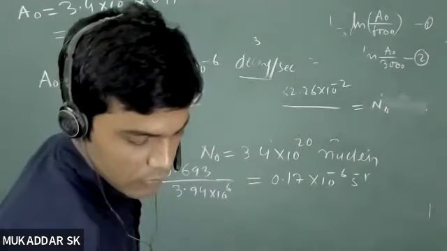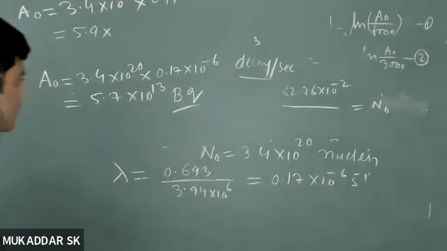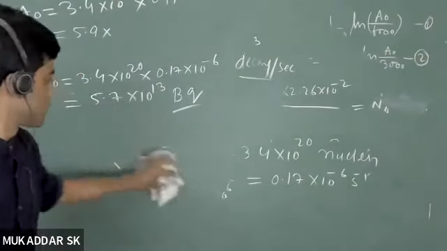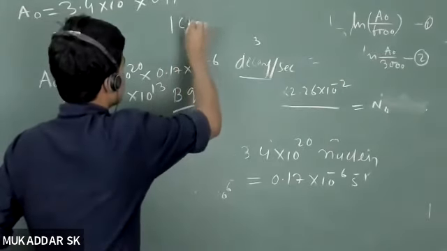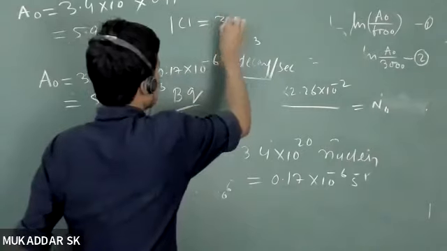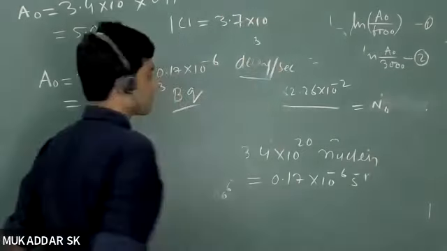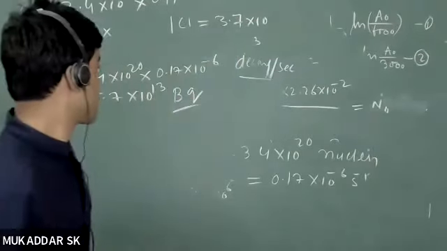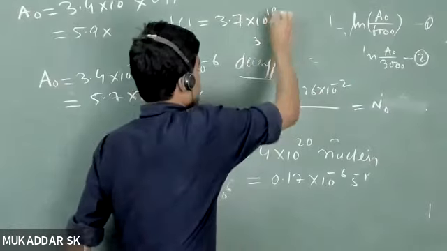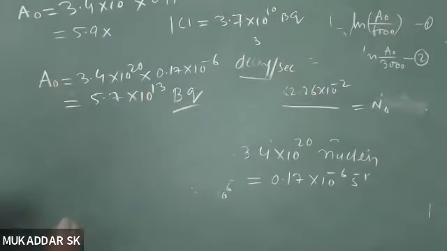Now, if I ask you how much will be in Curie, you have to divide. What was that relation? 1 Curie is equal to 3.7 into 10 to the power 10 becquerel, right?